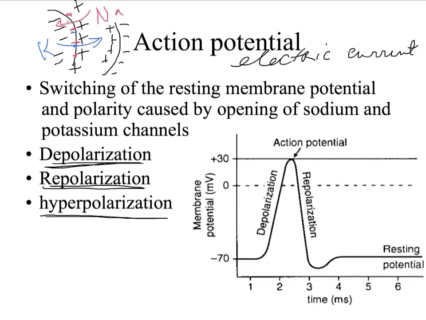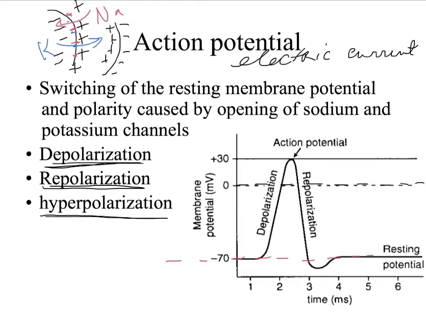But if you look at this graph, what's happening here is there's a threshold of charge that you have to cross before you hit an action potential. An action potential is an all or nothing proposition. There's no such thing as a small or large action potential. Your resting membrane potential is at this level.